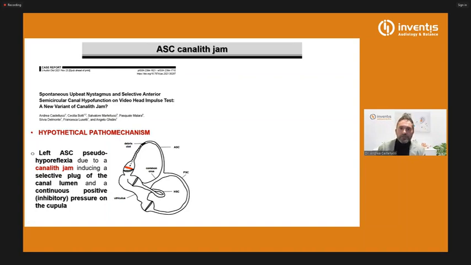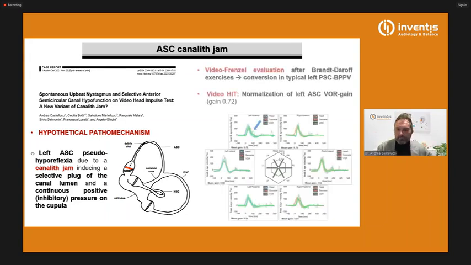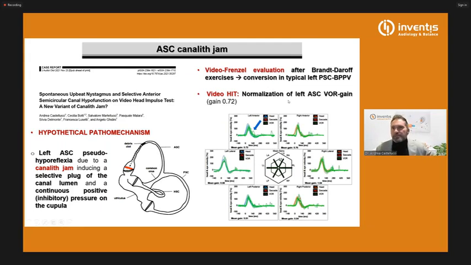So it's inhibitory for the superior canal, and inhibition of the superior canal is an upbeat nystagmus. And after several Brandt-Daroff exercises, we had again a conversion, a typical left posterior canal BPPV.